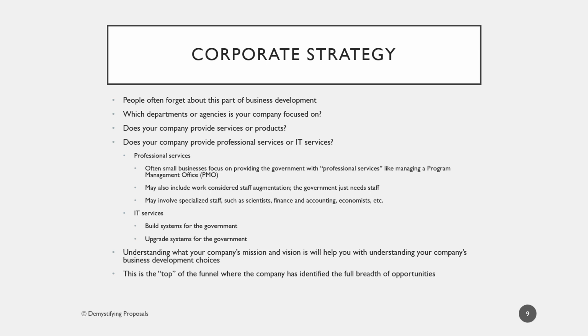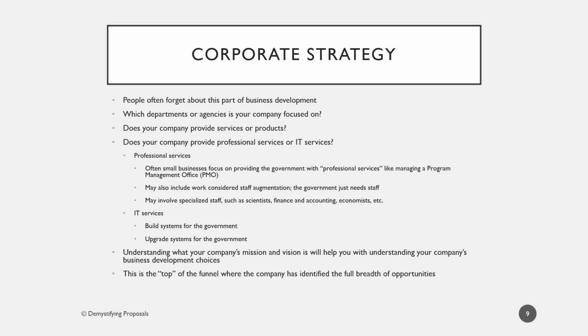Professional services may also include work considered staff augmentation, where the government just needs people to do the work, right? The federal government doesn't always hire as many people as it needs, and sometimes it only needs people for a short period of time. And so they may put out a procurement for staff augmentation.